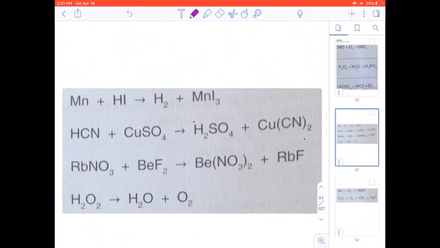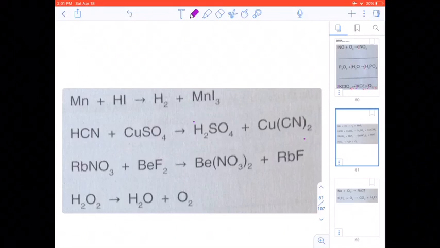Let's look at the next one. Here's manganese plus hydrogen iodide, which gives us hydrogen plus manganese iodide. If we balance that, we see we have 3 iodines on the right but only 1 on the left.